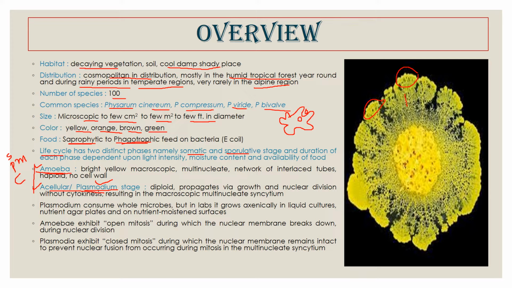So the network of channels that is present in the posterior region shows streaming action. Whether it is the ectoplasm or the endoplasm, they have two different properties, and this streaming of cytoplasm is observed in the endoplasm, that is in the inner portion.